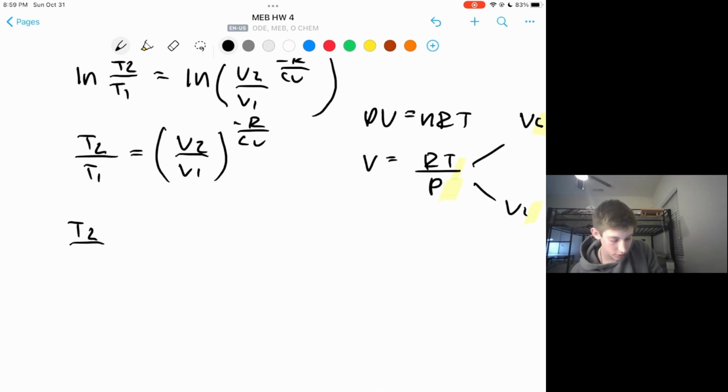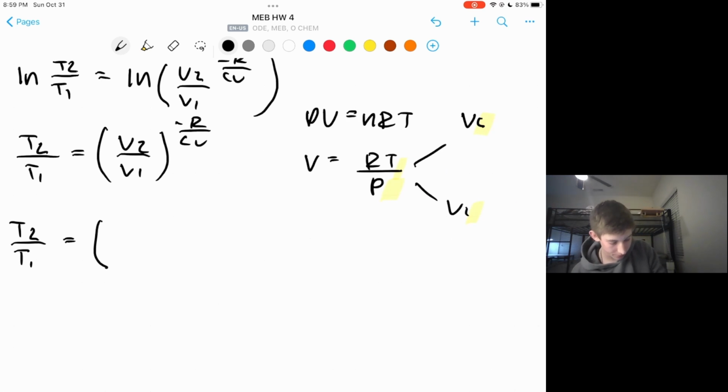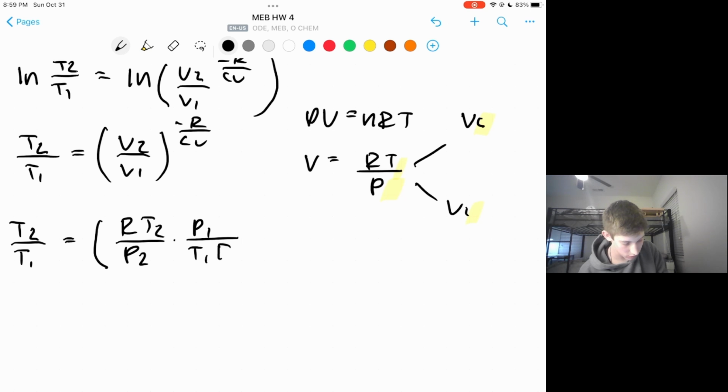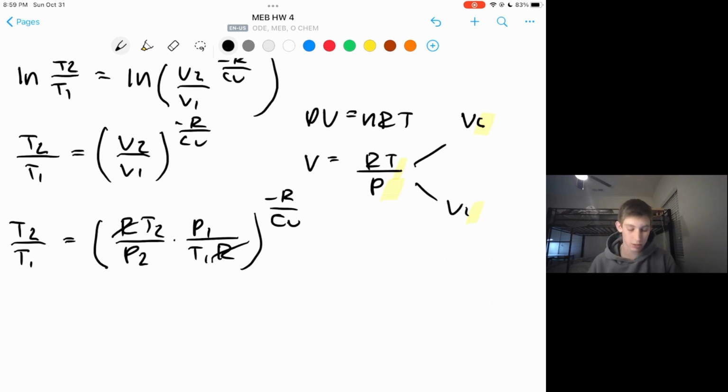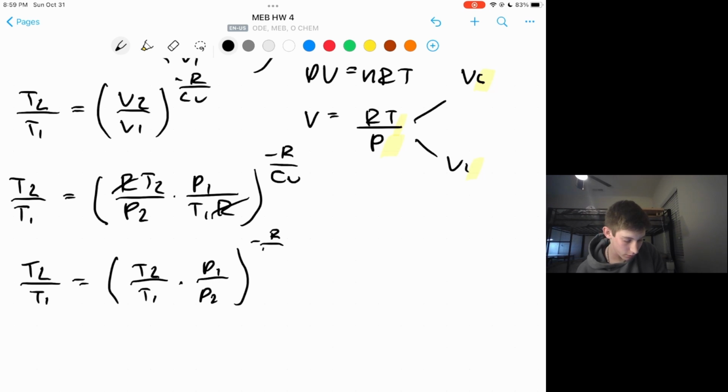So then we get T2 over T1 equals, so V2 is RT2 over P2 times the inverse of V1, so P1 over T1 times R. And this is still raised to the negative R over Cv. The gas constants cancel out, so we are left with T2 over T1 equals T2 over T1 times P1 over P2 raised to the negative R over Cv.